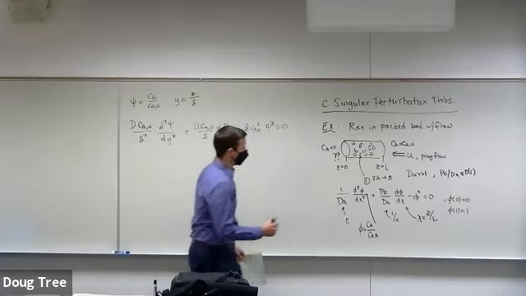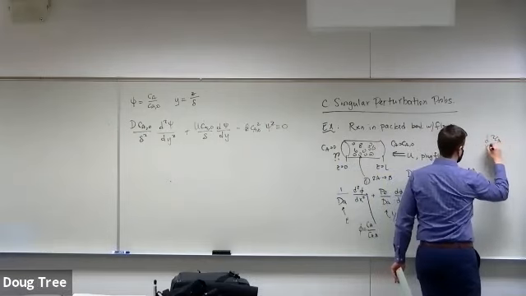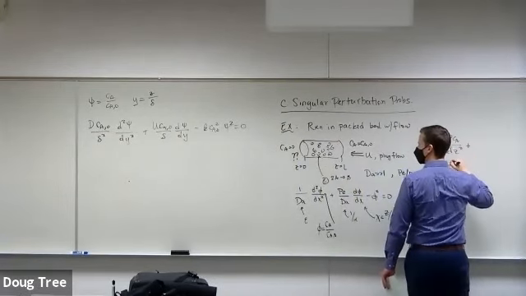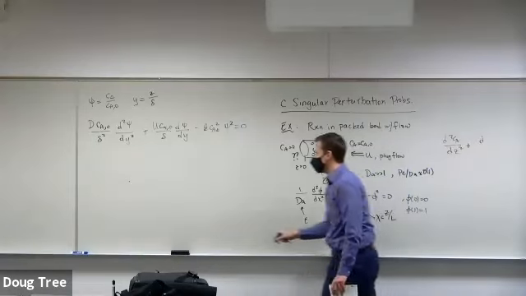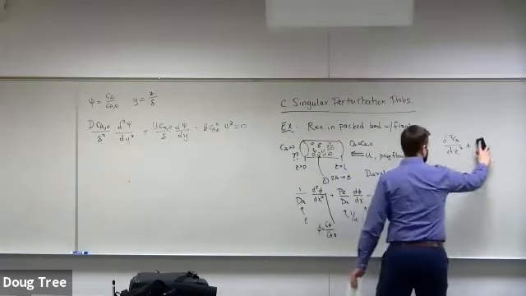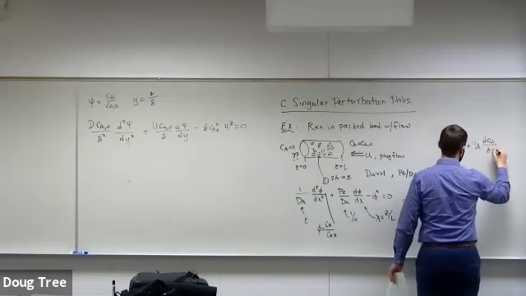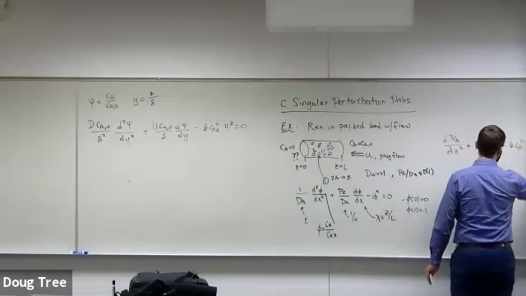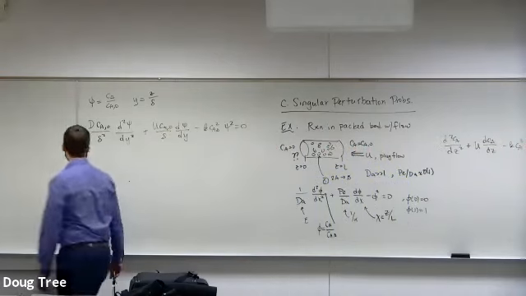The original differential equation was what? Second derivative of CA with respect to z squared, plus, let's see, it was V_z, which was U, dCA dz, minus k CA squared. That was the original differential equation, if I remember.